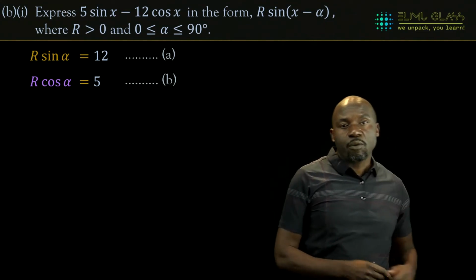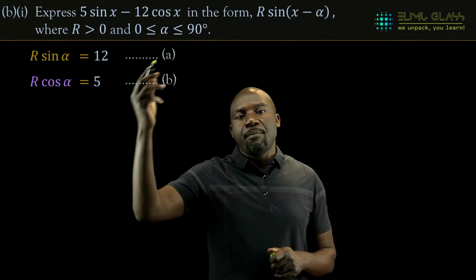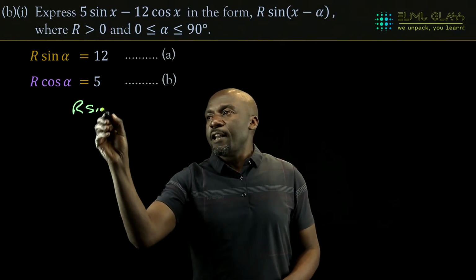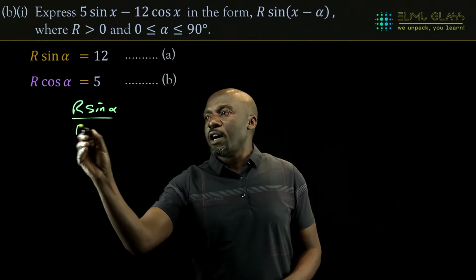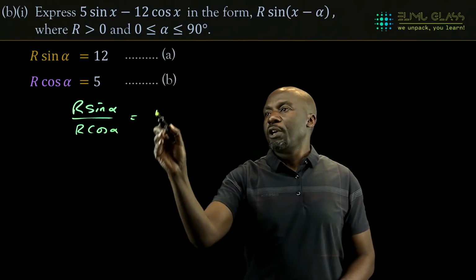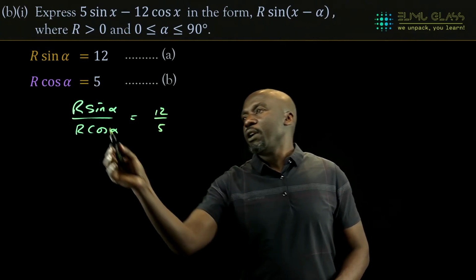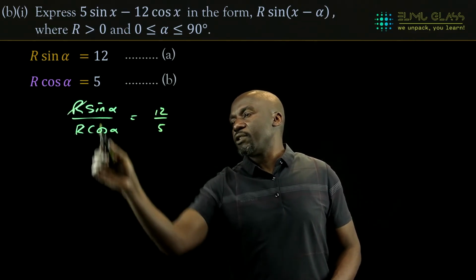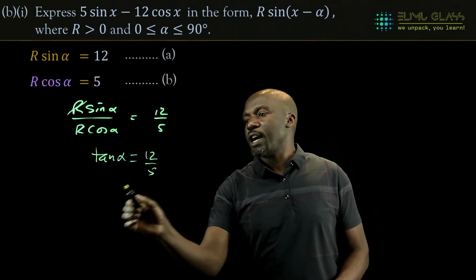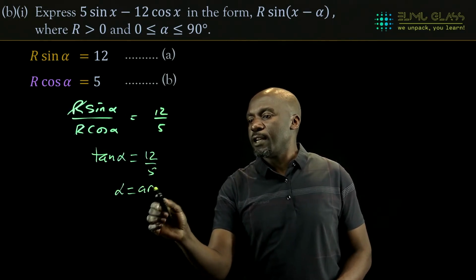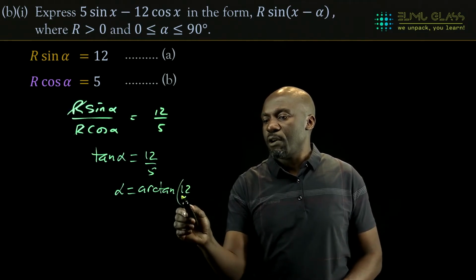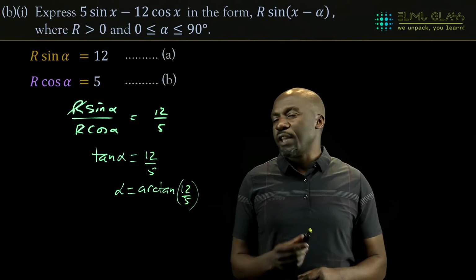So I have r sine of alpha over r cosine of alpha must be equal to 12 over 5. Basically, this is cancelling with that, so we have tan of alpha is 12 over 5. So alpha is arctan of 12 over 5, which we have found on the calculator.